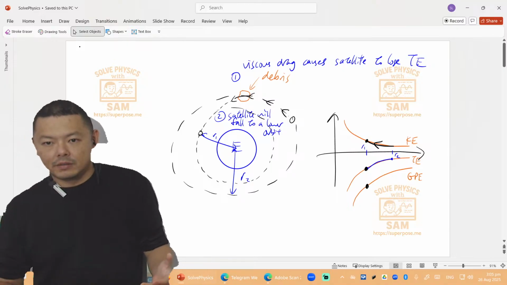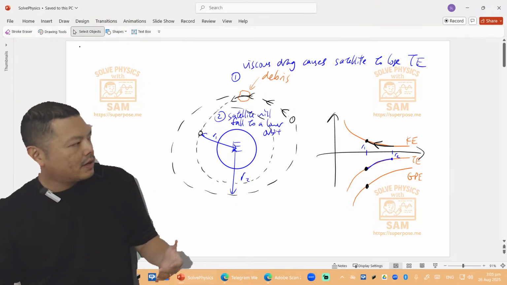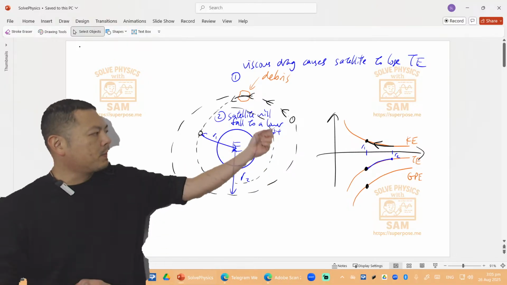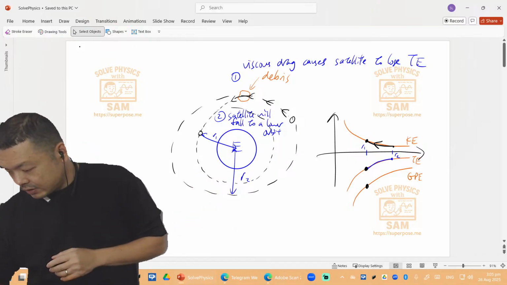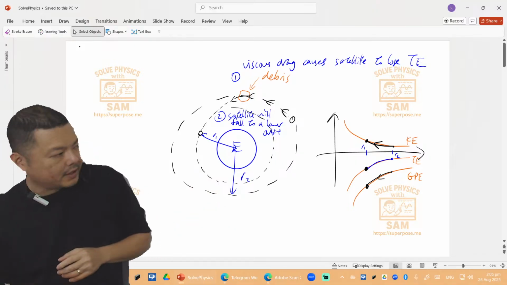The KE got more. That means it orbits a smaller radius at a higher speed, and the GPE is lost because you fall towards Earth. You lose GPE, that's for sure.